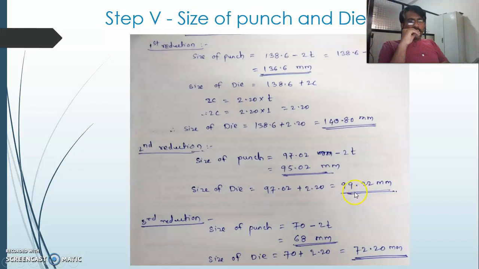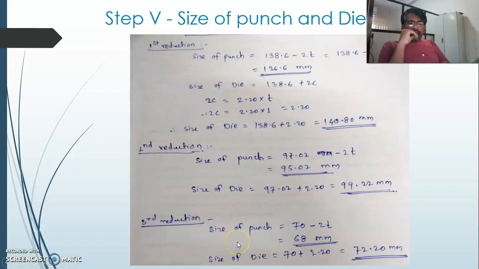So we can have 99.22 mm as the size of the die for the second reduction. So this becomes the second die and second punch which will be required, so that we can reduce the cup up to 95.02 mm, or we can say 97.02 mm in this case.